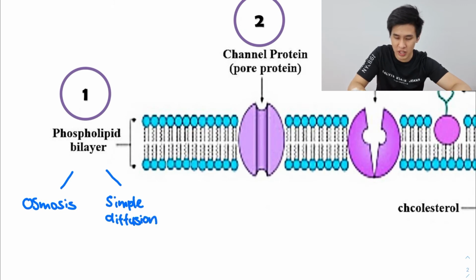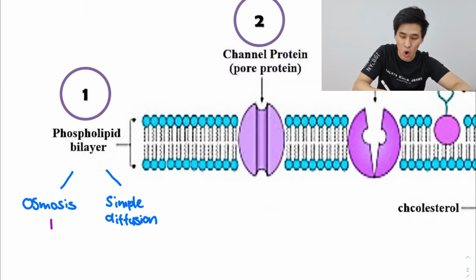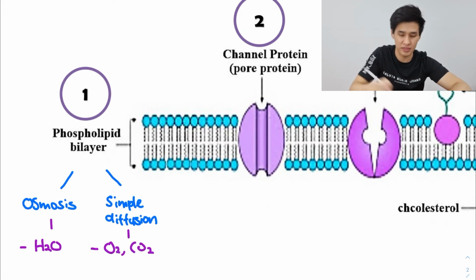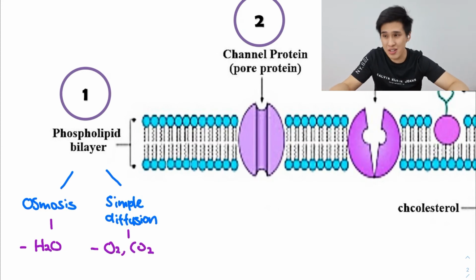If you don't know by now, osmo means water, so osmosis is for water. Simple diffusion, just like the diffusion you learned in Form 3, is for gases, oxygen and carbon dioxide. Water and gases are examples of small, uncharged molecules, so they can pass through easily.